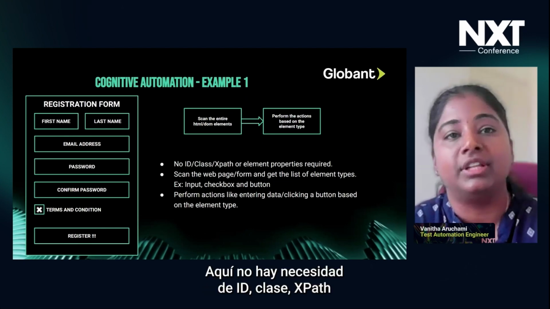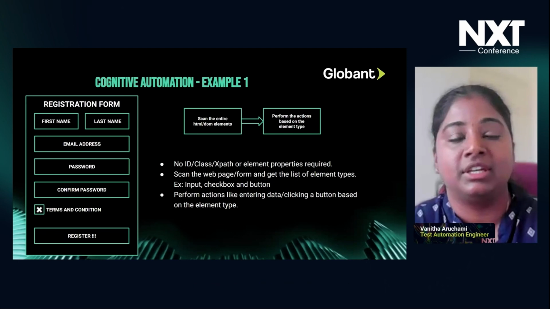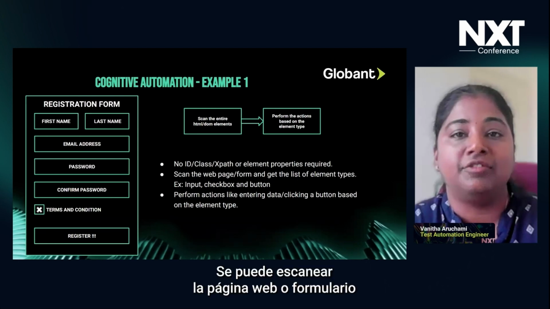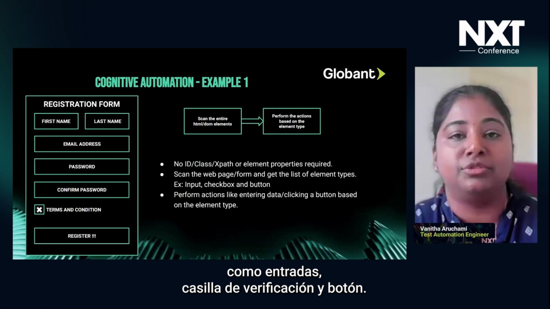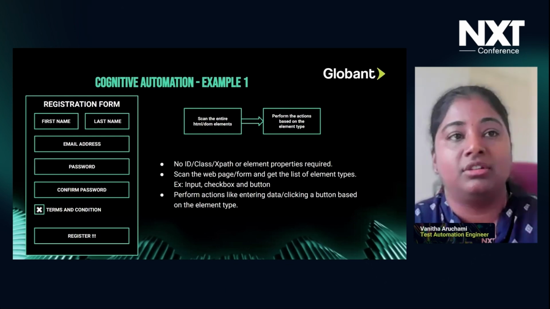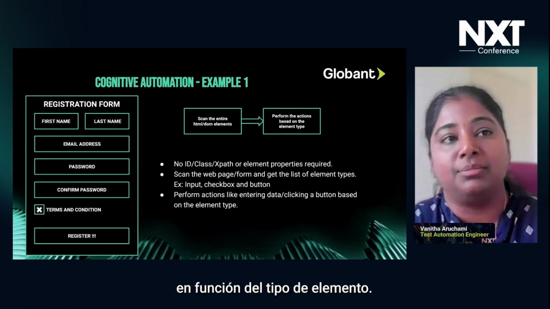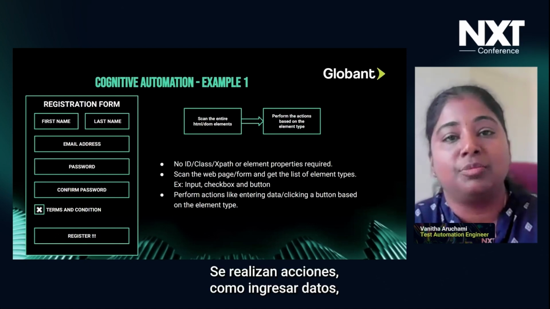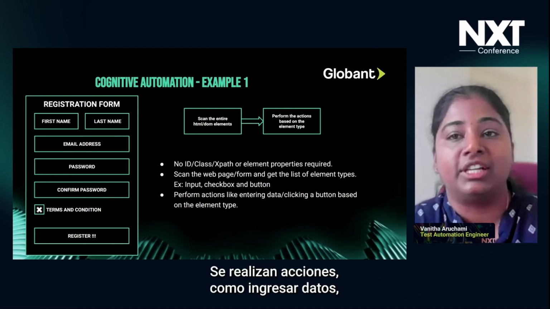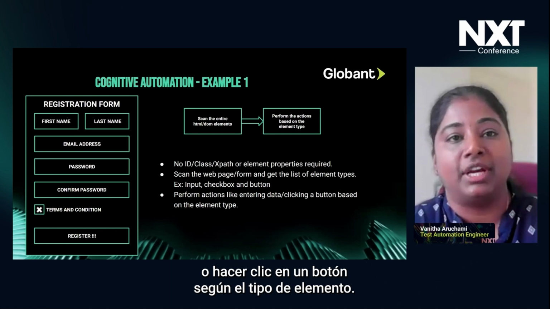So here, there is no need of ID, class, XPath or element properties. It scans the web page or form and gets the list of element types, for example, input, checkbox and button. The action will be performed based on the element type, like entering data or clicking a button, as I mentioned.